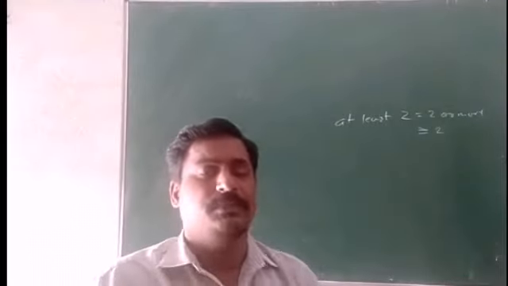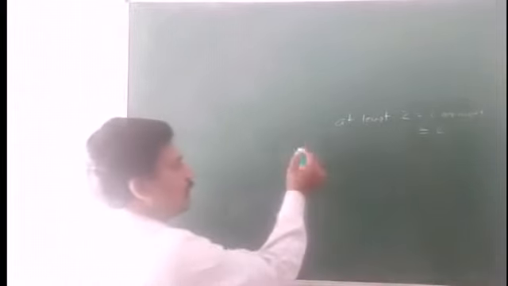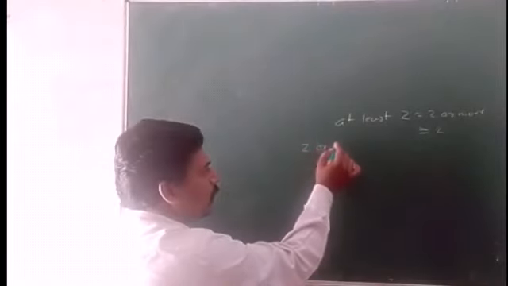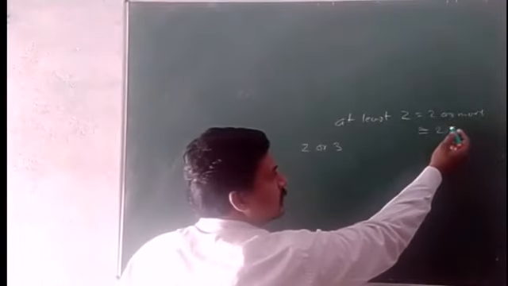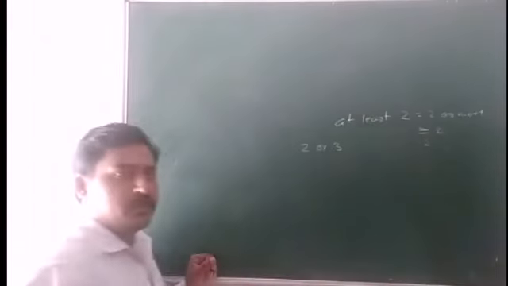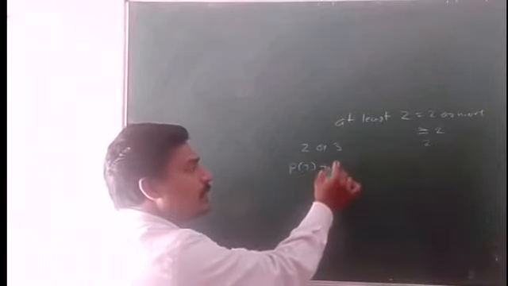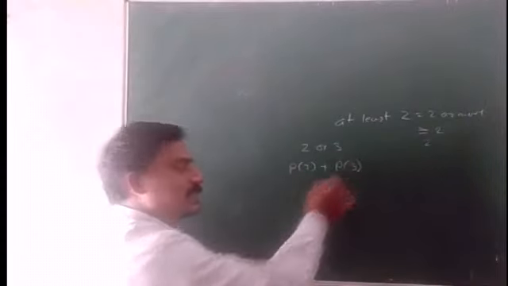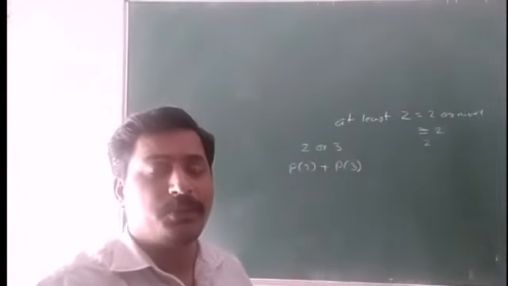So greater than or equal to 2 is nothing but 2 or 3. That is probability of 2 lecturers plus probability of 3 lecturers.